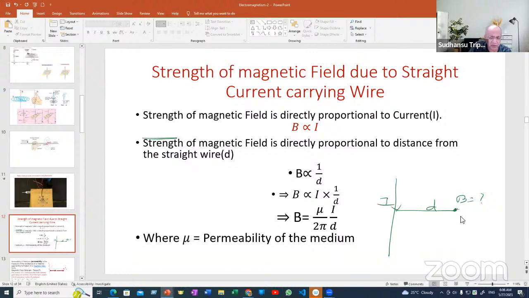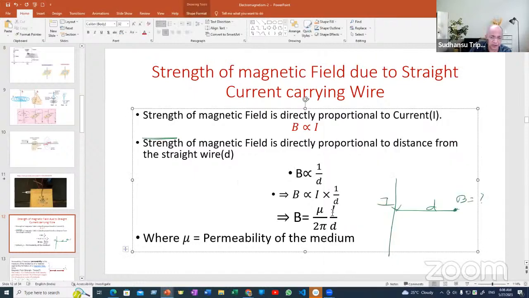I just remind you that the field that is produced at any point at a distance d of the current carrying conductor will be directly proportional to the current passing through and inversely proportional to the separation, the distance. And the proportionality constant is the permeability upon 2 pi.